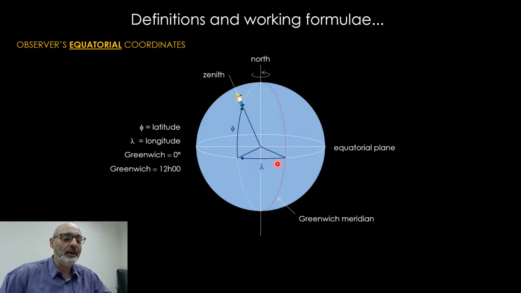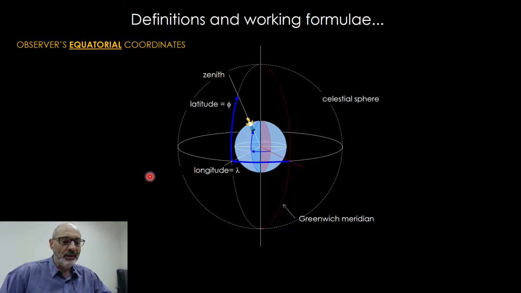Longitude, lambda, is related to time. I already mentioned, longitude is measured from the Greenwich meridian to the observer's meridian. It's lambda. Let's move on.